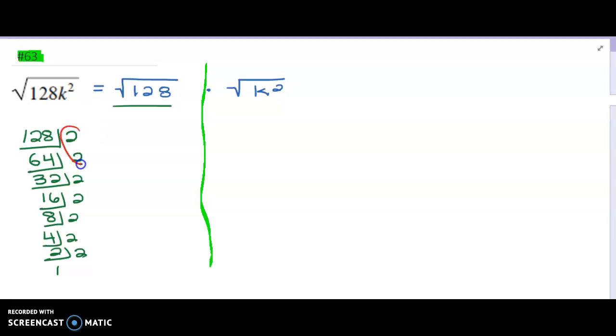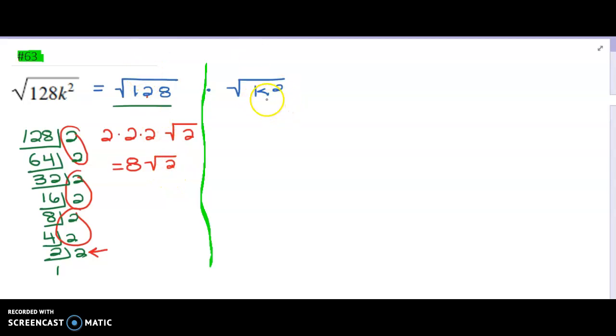So I have a pair of 2's, a pair of 2's, and a pair of 2's, and a leftover 2. Remember, pairs come out front, so I get 2 times 2 times 2 out front. Leftovers go in the fridge, so square root of 2. 2 times 2 is 4. 4 times 2 is 8. Square root of 2. So square root of 128 simplifies to 8 square root of 2.